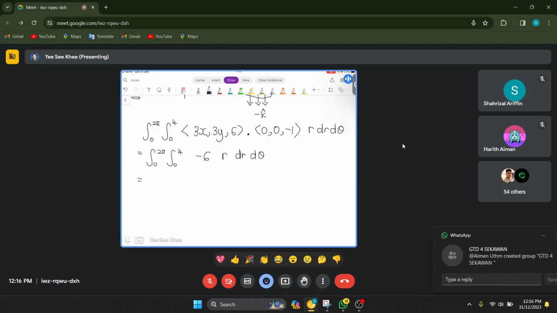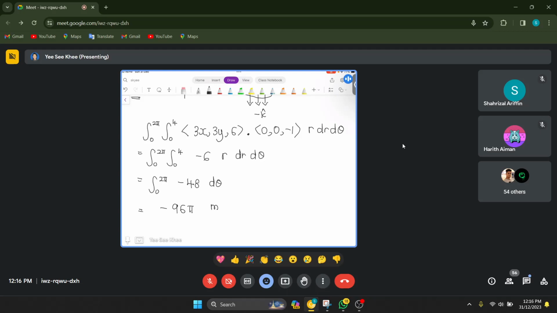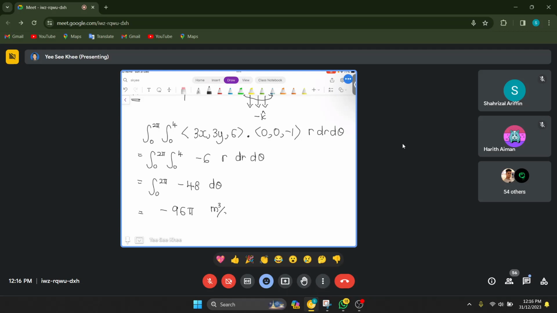Let's solve the integration with respect to dr. Negative 6 times 4, 0, you get negative 48 d theta, and you get negative 96 pi meter cubed per second.